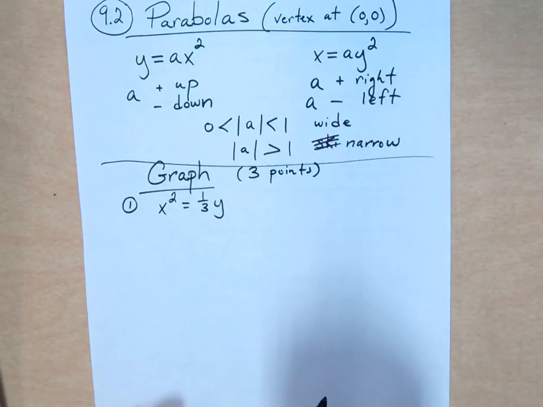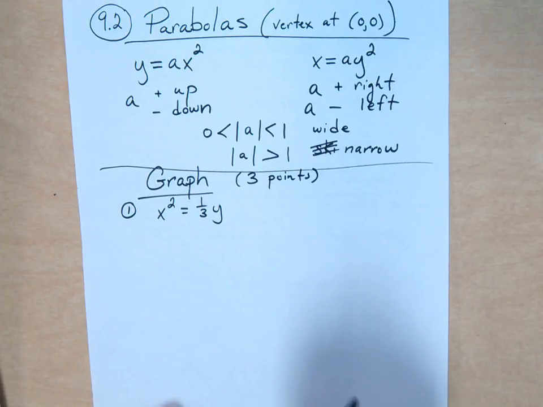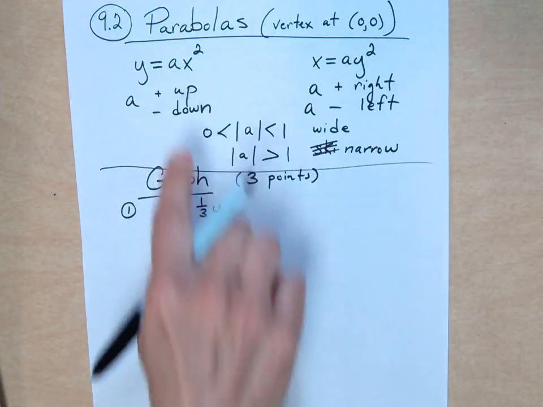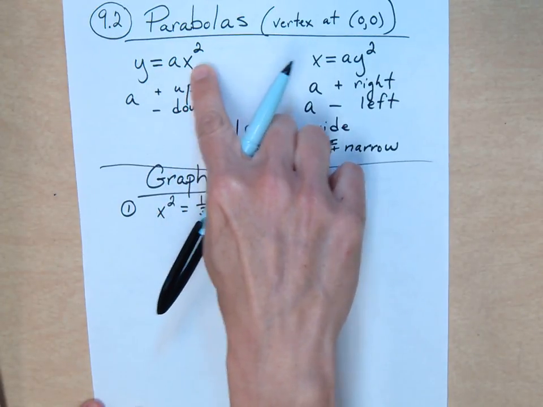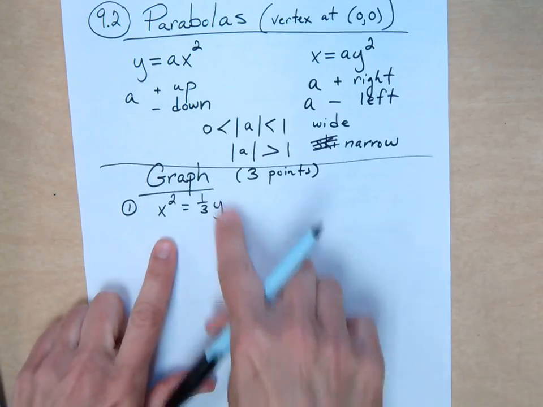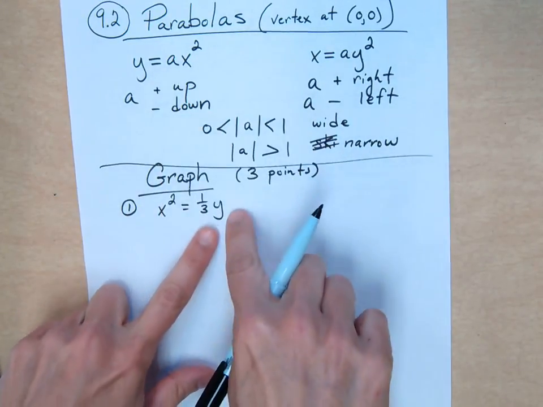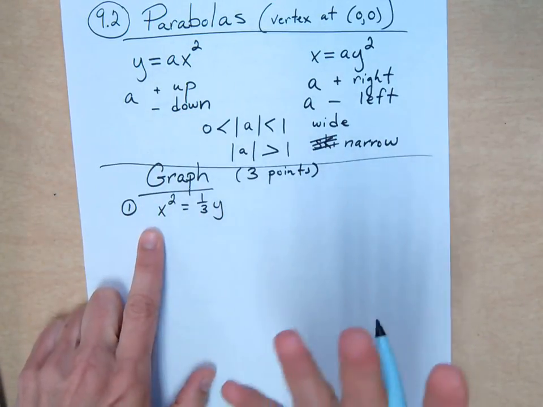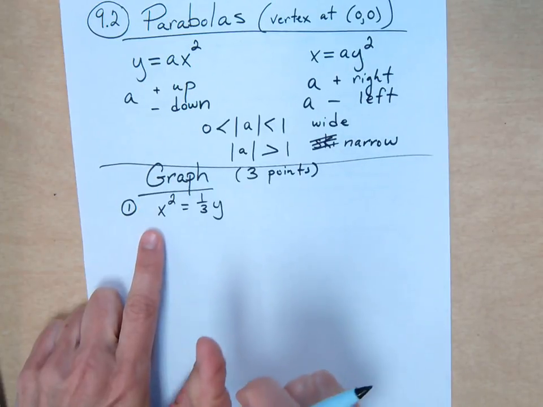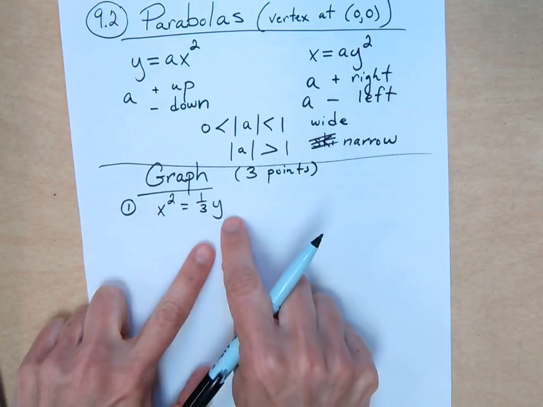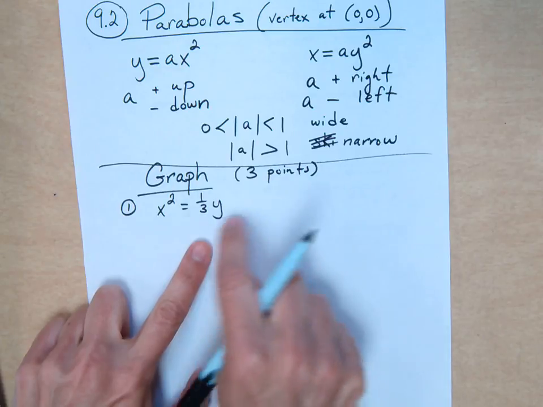In what direction does it open? Is it y equals ax squared or x equals ay squared? It is y equals ax squared, right? Even though it doesn't look like it right away. Let's make it look that way because doing your table will be way easier. So get y alone. What do you do to each side?